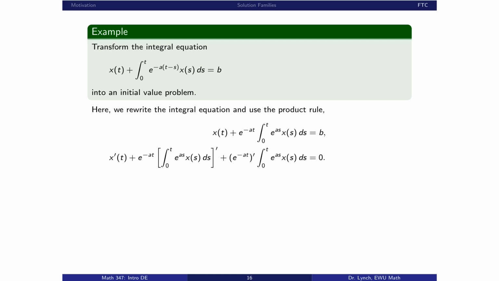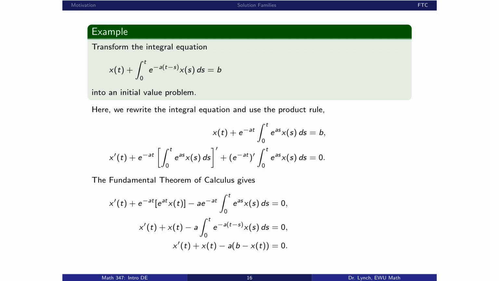Okay, of course, the derivative of x is just x prime. And then to differentiate the second term, we use the product rule and the fundamental theorem of calculus. So here we have e to the minus at times the derivative of the integral expression plus the derivative of e to the minus at times the integral expression. Now the derivative of the integral expression is quick just by the fundamental theorem of calculus, and the derivative of the exponential term just requires the chain rule, and we can see that here.